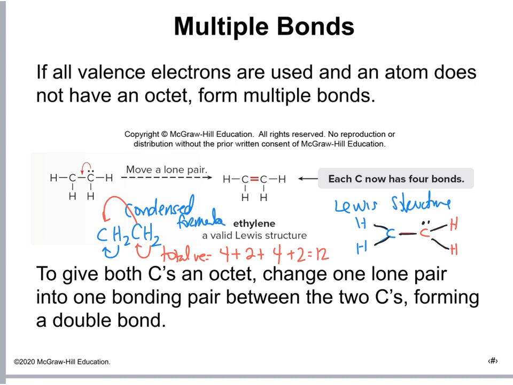And then the thing is, we don't want that. We want carbon to have 4 bonds, 0 lone pairs. So we're going to convert that lone pair into a double bond. So this is a multiple bond. We keep everything else the same.